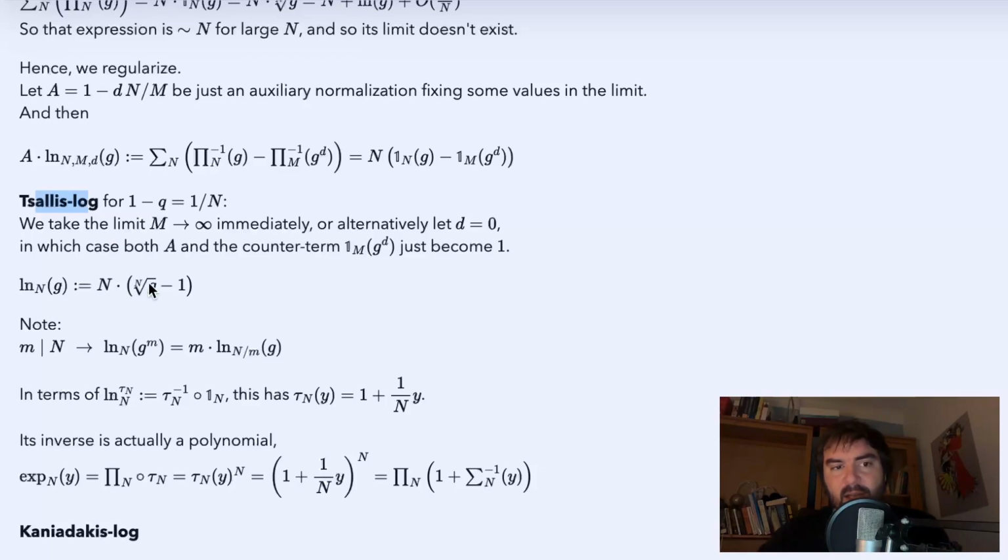This is taking inverses on the multiplicative side and then adding back on the additive side. And in this way, the logarithm does this mapping.